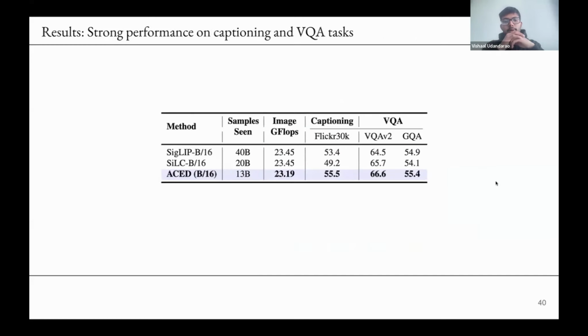And finally, as I talked about before, we try to see if the vision encoders that we pre-train using our method can actually be plugged into multimodal models that are able to do captioning and VQA. And we compare this with previous state-of-the-art vision encoders like SigLIP and SILC. And we see that for a lower inference-time image FLOPs budget, our methods are much, much better on captioning and VQA tasks.